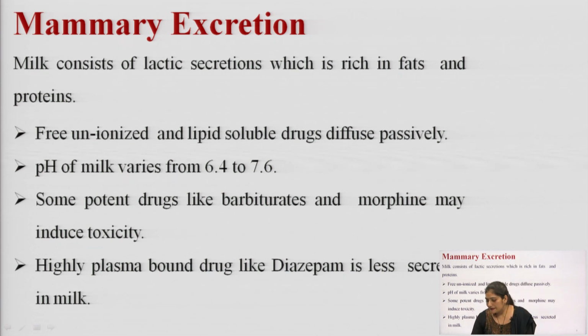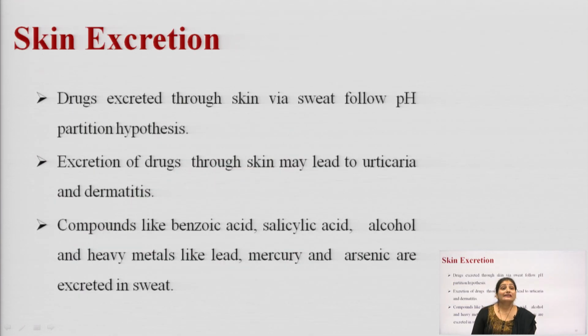Okay. Next type of secretion is the skin excretion. Okay. Skin excretion, as the name indicates, in this the drug is excreted out in the skin. So, when the drug is excreted through the skin or via sweat, it will also follow the pH partition hypothesis. Okay. And sometimes drug that is excreted from the skin can lead to urticaria and some other disorder like dermatitis.